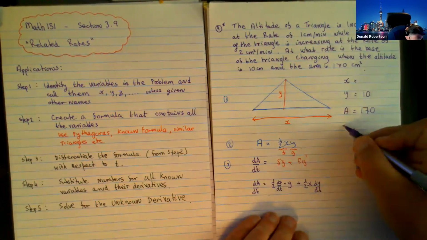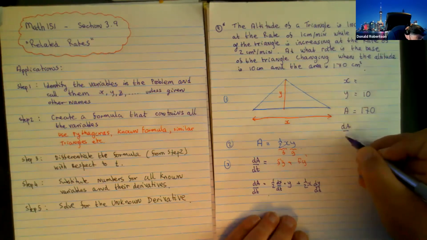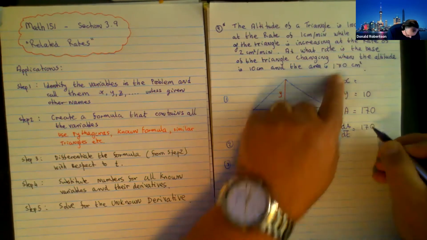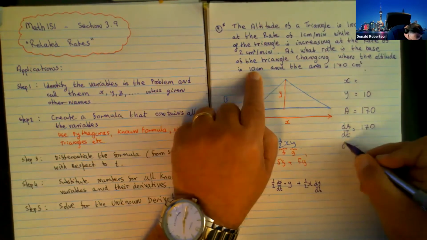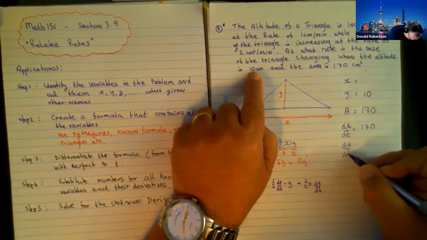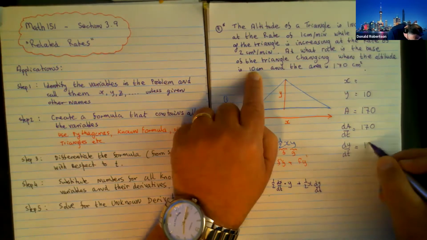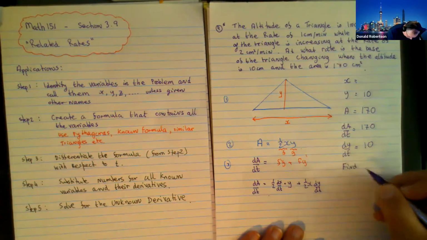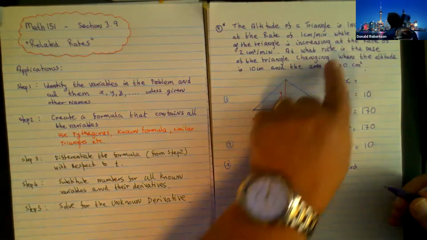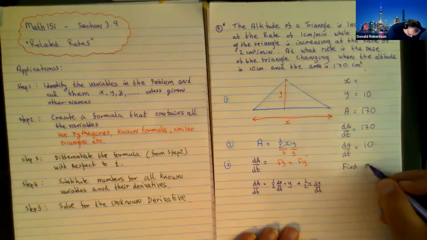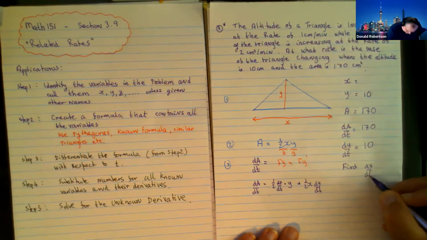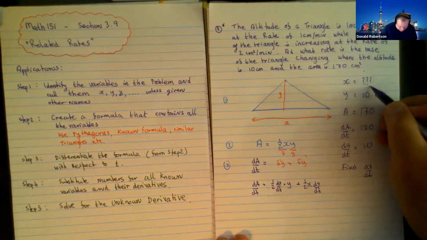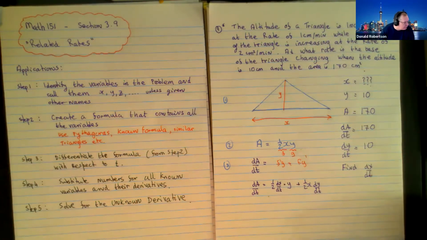They've also told me that the area is increasing at the rate of positive 170. And they also have told me that the altitude is increasing at 10. I've been asked to find the rate at which the base changes. So I'm being asked to find that guy. Have you noticed that there's one number that I need, and that's I need to know what x is.